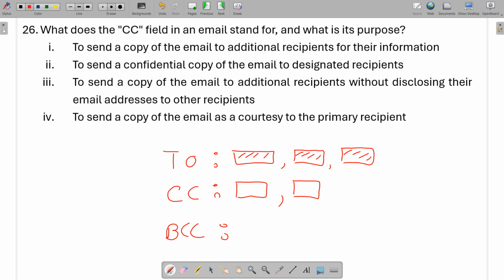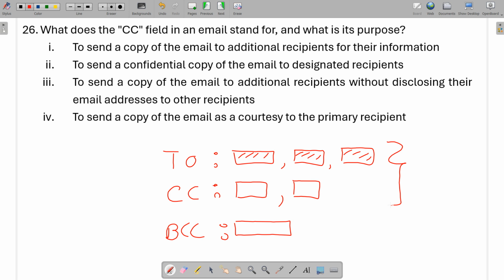So when you put an email in the BCC, that particular person will be able to see all the people who have been sent this mainly, and the people who got it as a carbon copy.